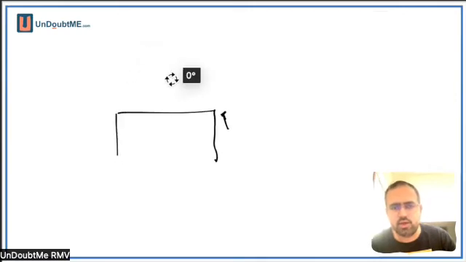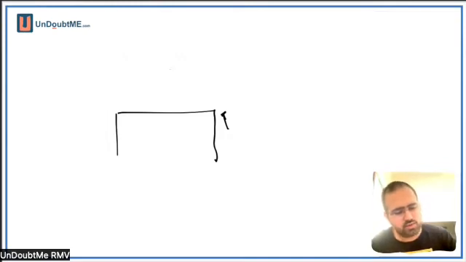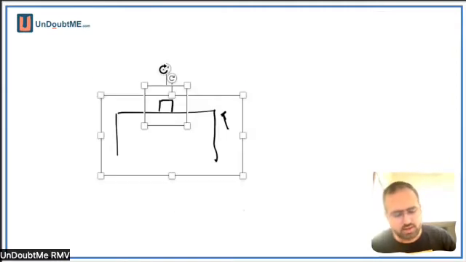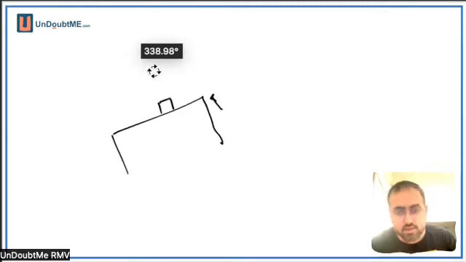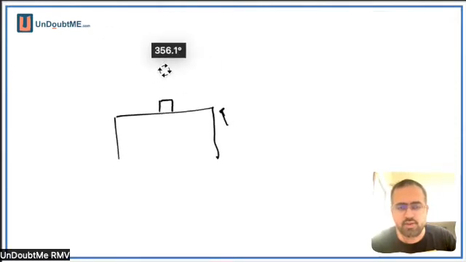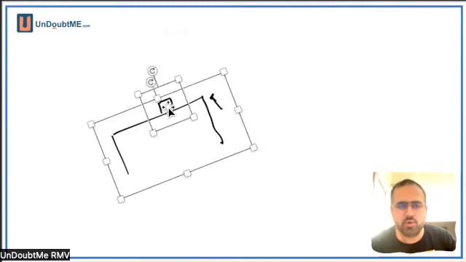Now, this is a block, or the object which is kept on that. Up to a certain level, this block will not move. But after that, the block will start moving downwards.